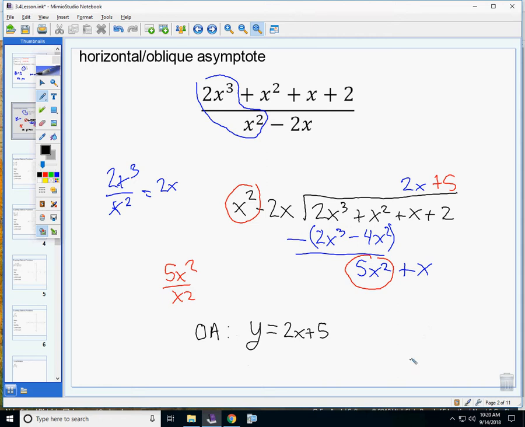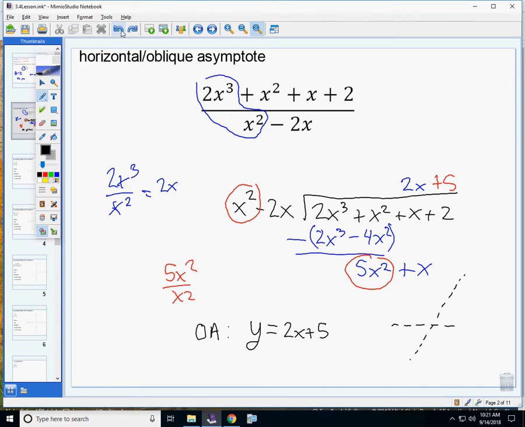Now this would look like a function, this would look like a line going like this, and then we might have one like this. So we could have a function that looks kind of like this. So again, these asymptotes, these are lines that as we get really far out there, it gets super close to that line. Okay, so this one would get super close to it here. So the oblique asymptote that we were looking for, this is a horizontal, this is an oblique.